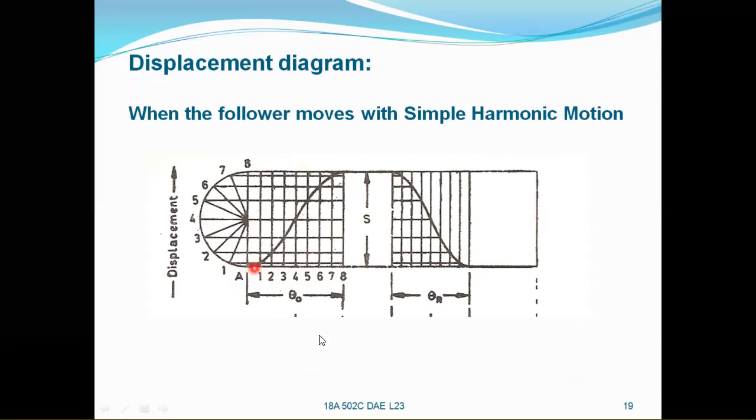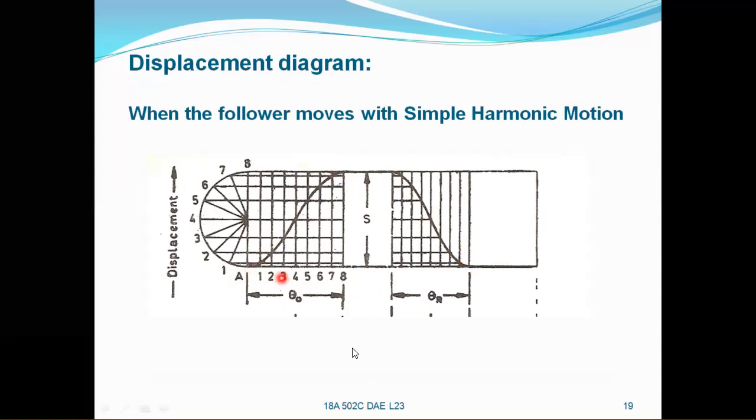Join all the points A, P1, P2, P3, P4, P5, P6, P7, P8 and similarly P8, P7, P6 dash, P5 dash, P4 dash etc. up to P0 dash, and this will be the displacement diagram of the follower which is moving with simple harmonic motion, right?